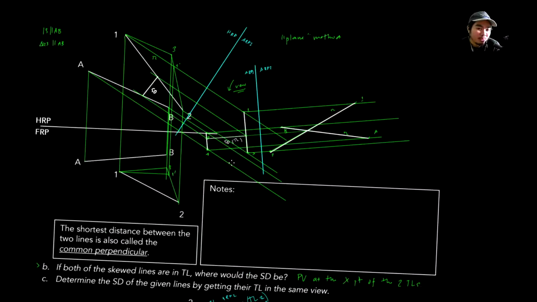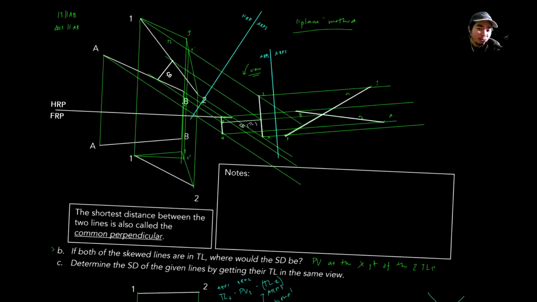And most of the time, si shortest horizontal distance uses this plain method as well, no? So kaya usually ito yung choice ng mga estudyante, itong plain method kasi yung views na na-create mo dito will also be used doon sa shortest horizontal distance. So kumbaga you're hitting two birds with one stone.